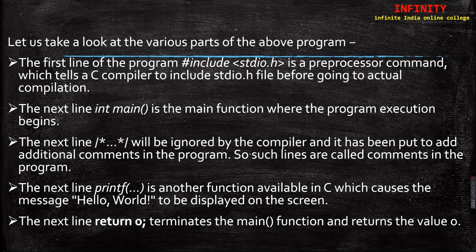Let us take a look at the variable part of the above program. So in previous programs I have shown you the first line of the program has include stdio.h, a preprocessor command which tells a C compiler to include stdio.h, a standard input-output header file, before going to actual compilation.